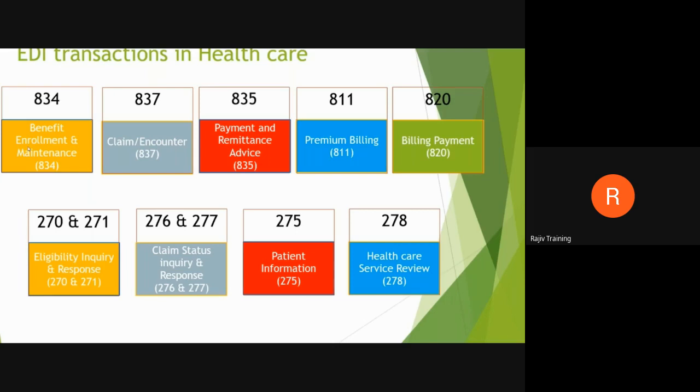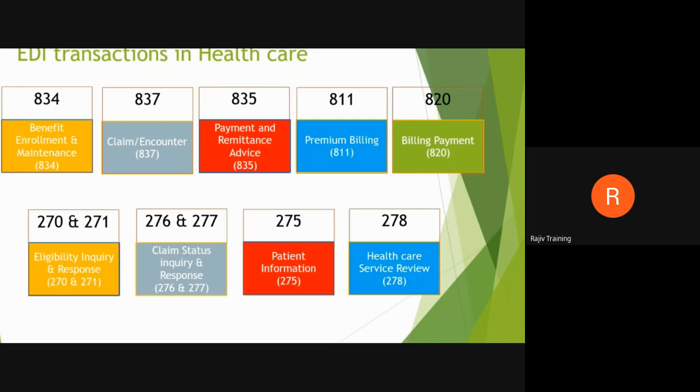Similarly, 834 is used by employers, unions, government agencies, insurance agencies, associations, or healthcare organizations. Its aim is to enroll members in a healthcare benefit plan, right? So that's 834.